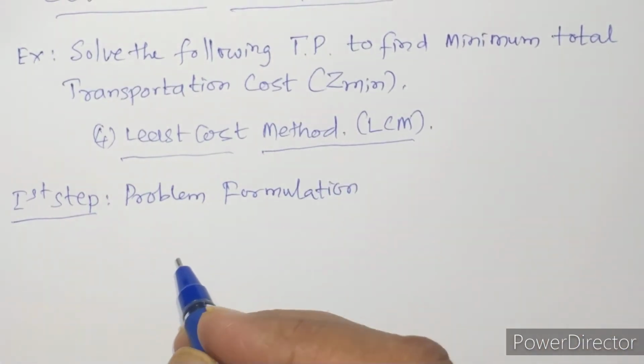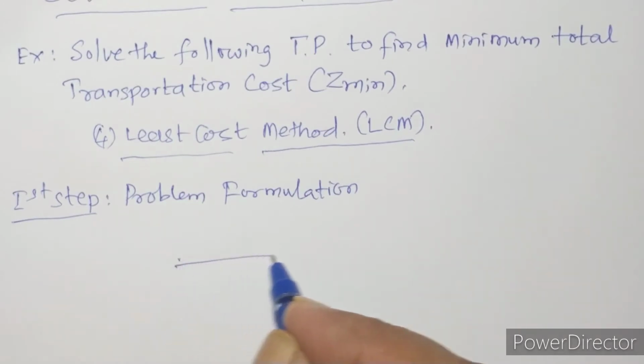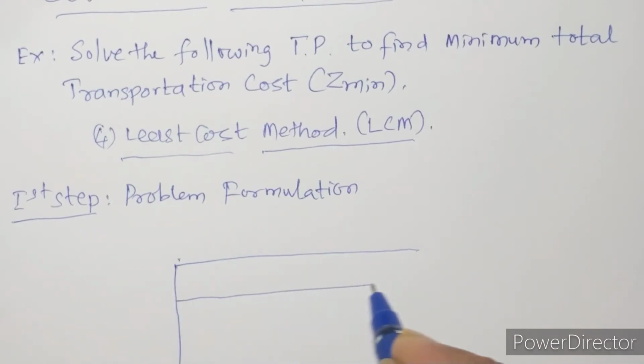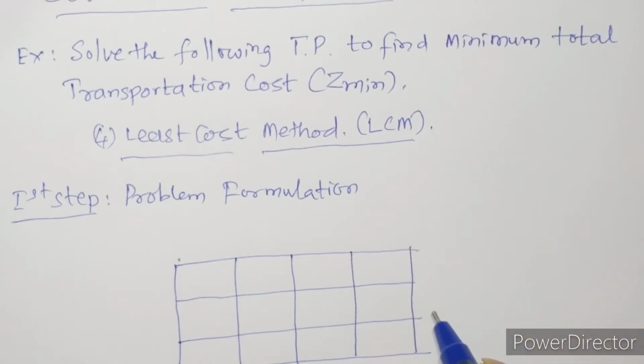In this first step, we have to write the transportation matrix, which consists of rows and columns. Rows represent the sources where the products are produced, and the columns represent the destinations where the products reach after production.